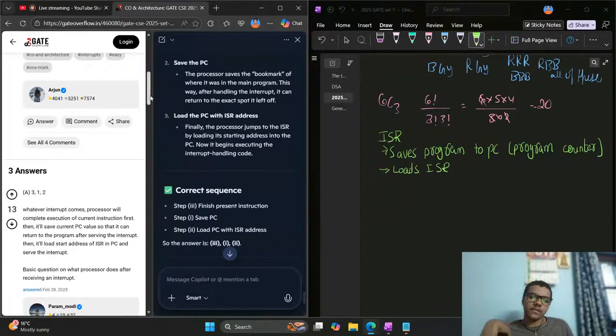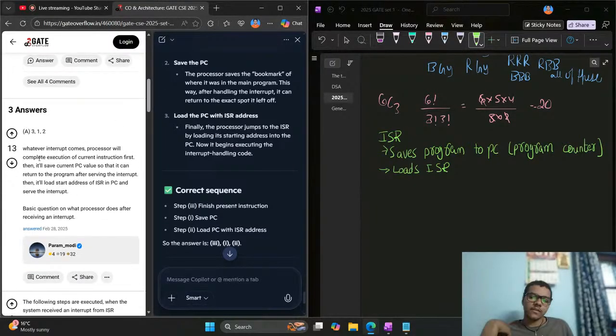Option D. Whenever an interrupt comes, the processor will complete execution of the current instruction first, then save the current PC value so that it can return to the program after serving the interrupt. Then it will load the start address of the ISR in PC and serve the interrupt.